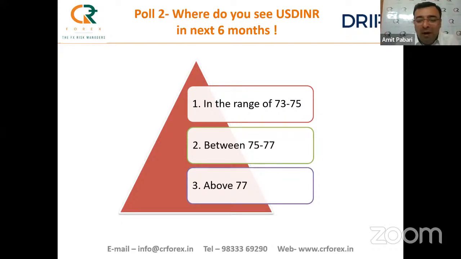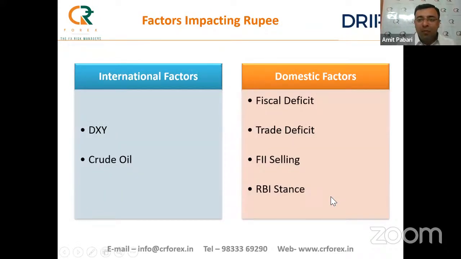Now let me share the view of CR Forex team. Before discussing the view, let us analyze what are the factors which are going to affect the dollar rupee pair. On the domestic side, we have fiscal deficit, trade deficit, FII data, RBI's stance.